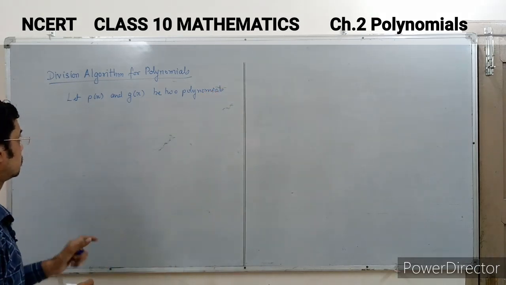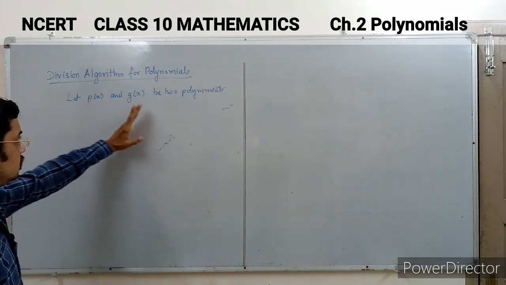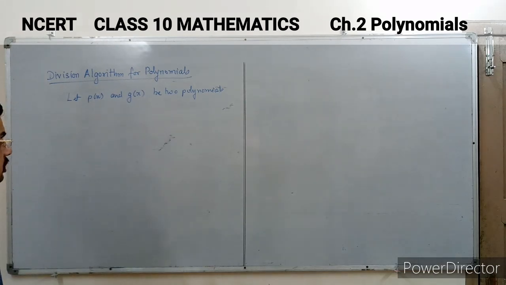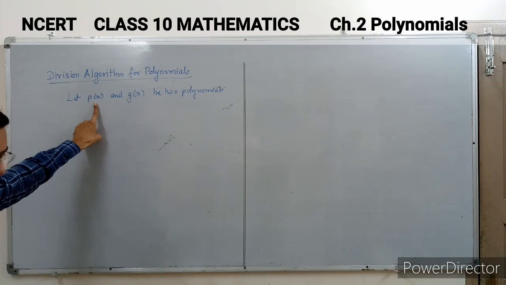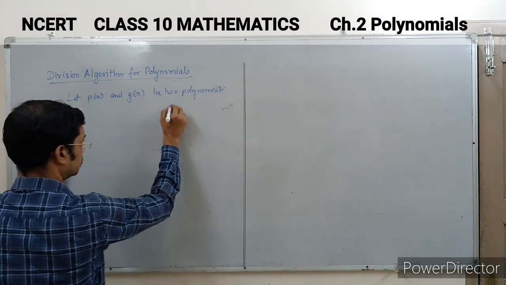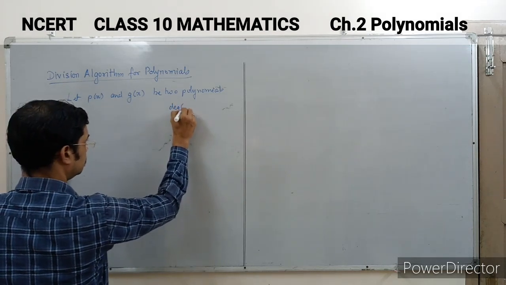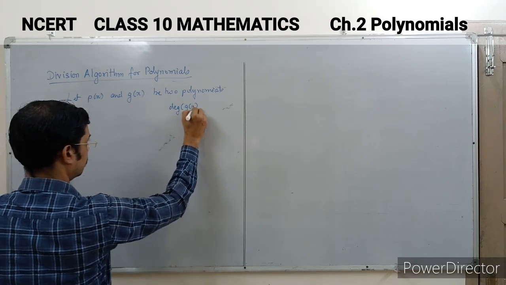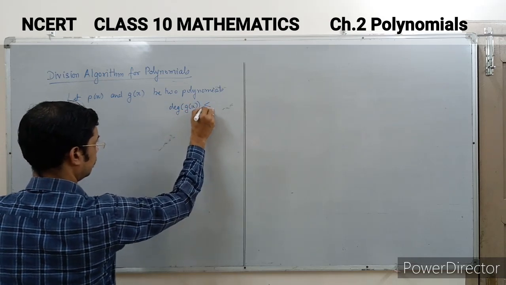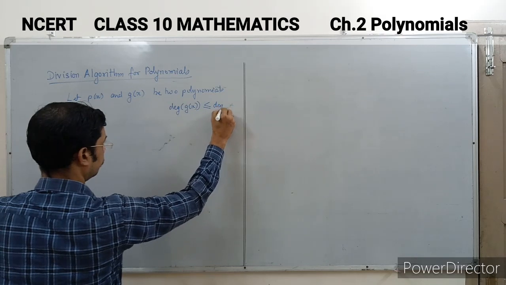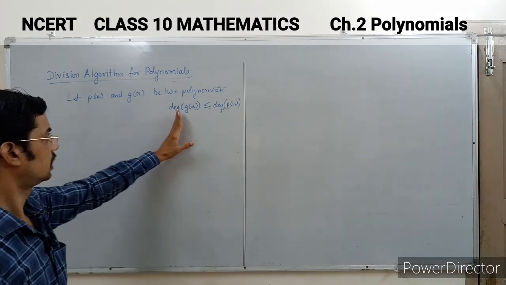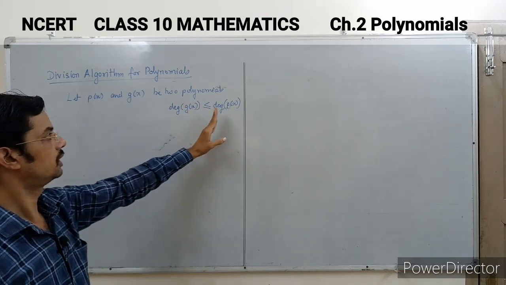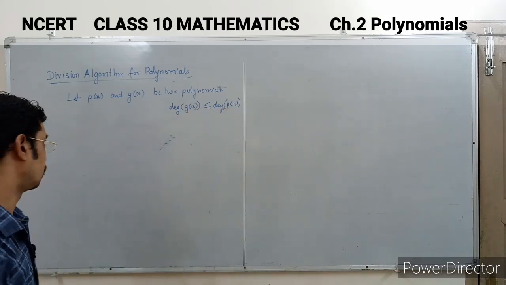When we divide p of x by g of x, this division is only possible if the degree of g of x is less than or equal to the degree of p of x. The degree of the divisor polynomial should be less than or equal to the degree of the dividend polynomial.